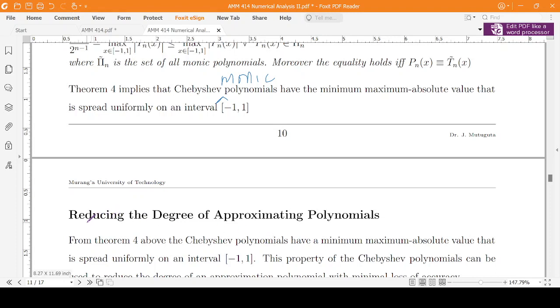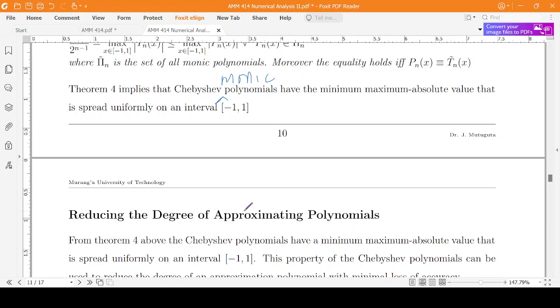So we look at this application, reducing the degree of approximating polynomials. Sometimes we call this the economization of the Chebyshev polynomials.